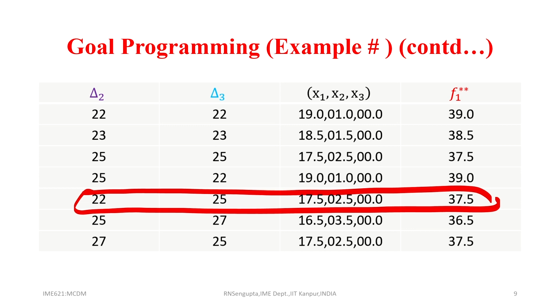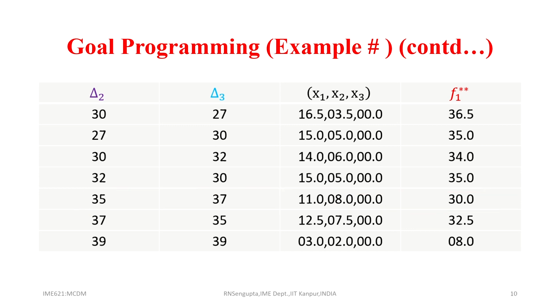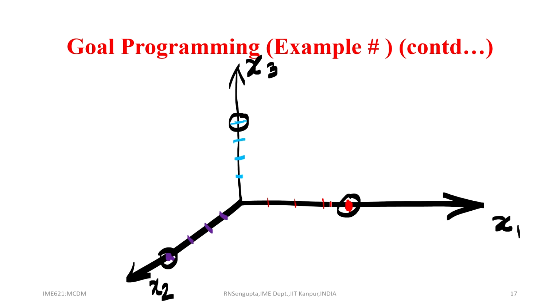So, it is 17.5, 2.5, 0. So, 17.5, 2.5 for x2 will go a little bit in this direction, and for x3 0. So, it will be on the flat plane x1 x2, no movement in x3 direction. So, this is the point 1, and the value, if you remember, I will write it here, 36.5.